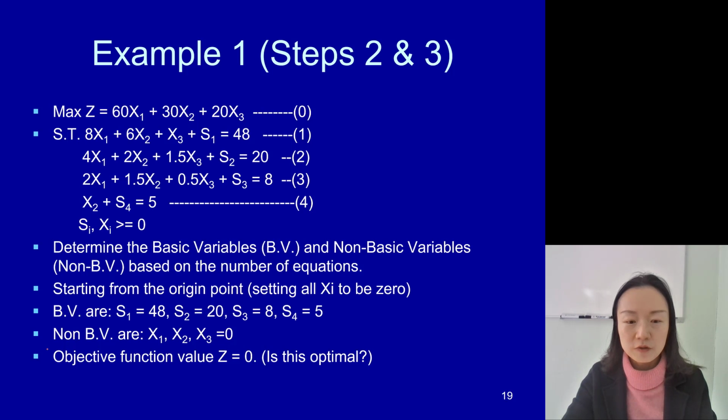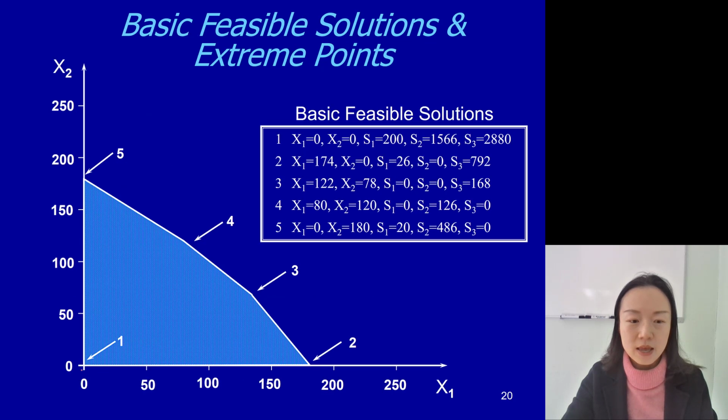And the objective function value is, of course, 0 because all of our three decision variables are 0. So our objective function value currently is 0. And at every step, we determine, is this our current optimal solution? So it represents this point here, okay? And we're going to just continue.